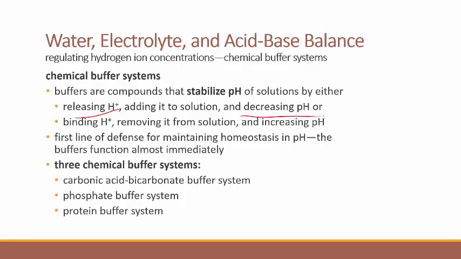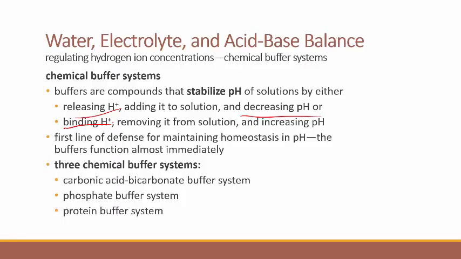And here's the cool thing about chemical buffer systems, is that not only can they release hydrogen ions, but if things become really acidic, they're also capable of binding hydrogen ions. And as they bind them, they pull them out of solution and effectively neutralize them. And in response, then pH increases.